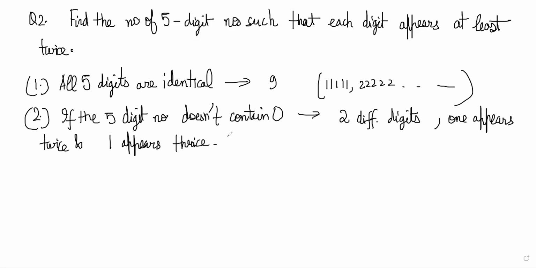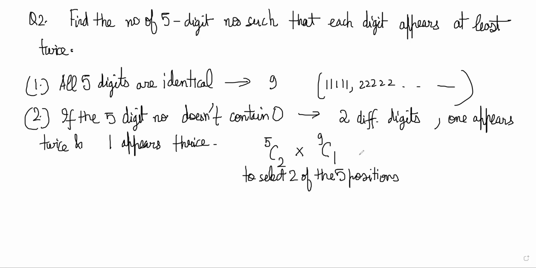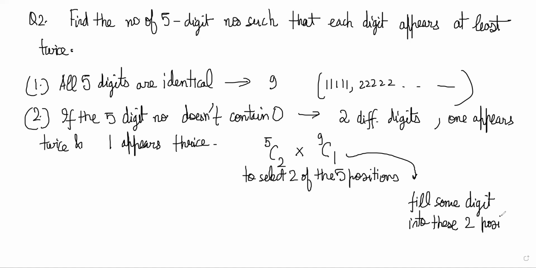Now, how do we find the number of total numbers like this? We can do 5C2 to select 2 of the 5 positions, multiplied by 9C1 to fill some digit into these 2 positions, because we can use any of the digits 1 to 9.